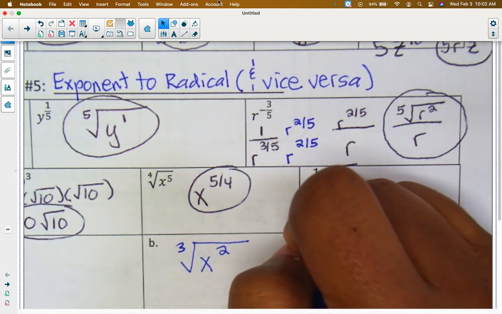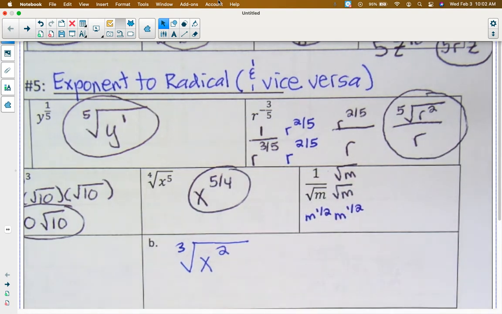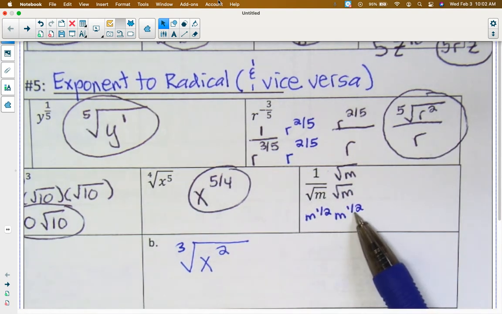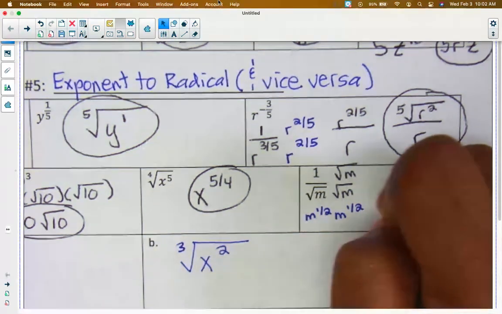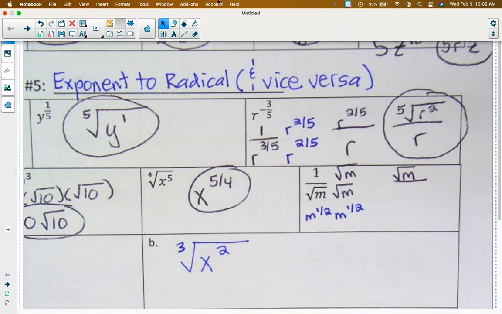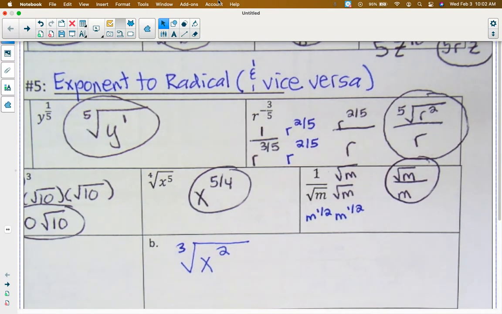I'm multiplying it by another m to the 1/2 power so that when I add these together, I get a whole number. Whole as in WHOLE, a whole number. So on top, I have the square root of m, and on bottom, I'm just left with m. So that's our final answer.